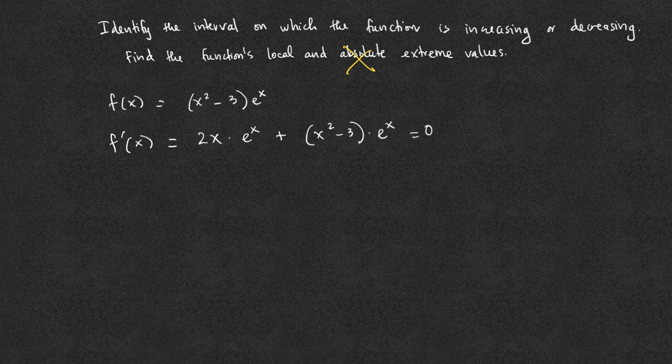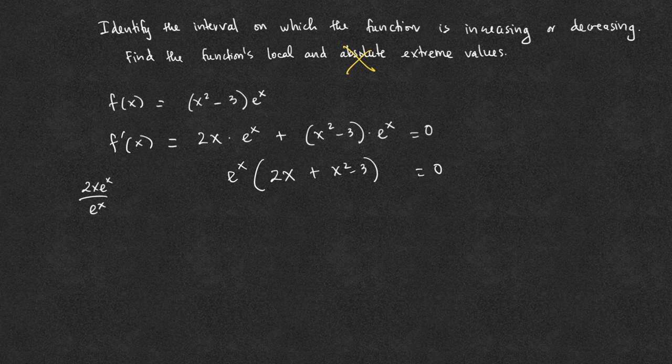To solve this equation, we use factoring. First, we factor out e to the x. If it is 2x e to the x and we factor out e to the x, then we end up with 2x. If it is x squared minus 3 times e to the x and we factor out e to the x, then we end up with x squared minus 3.